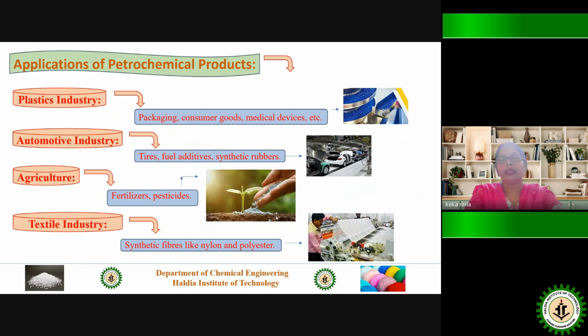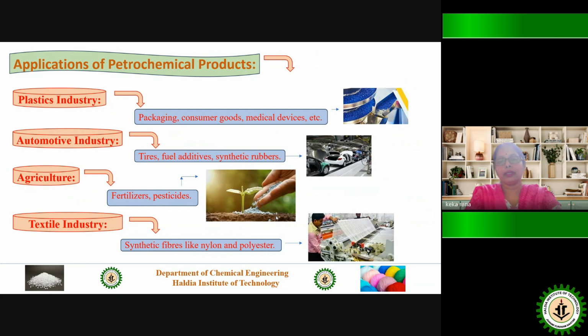Think about the automotive industry: the tires, the fuel additives. In this case, we cannot think without rubber. And to meet our demand right now, we have to depend on synthetic rubber. This synthetic rubber is a product of the petrochemical industry.